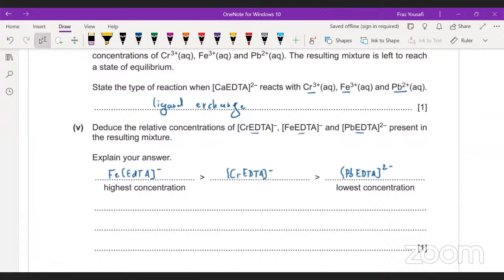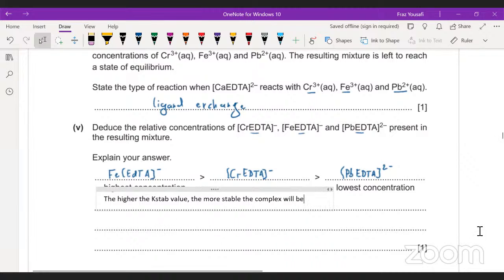And the explanation is very simple. The higher the K stab value, the more stable the complex will be.